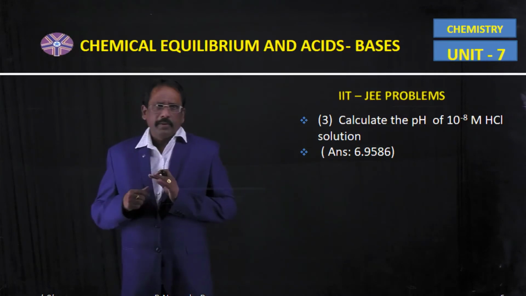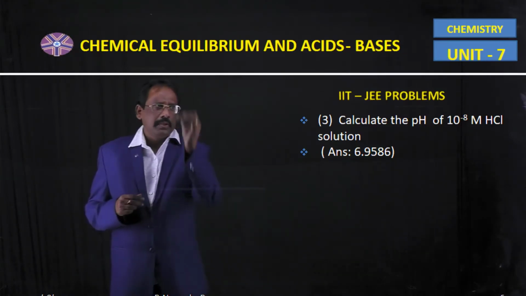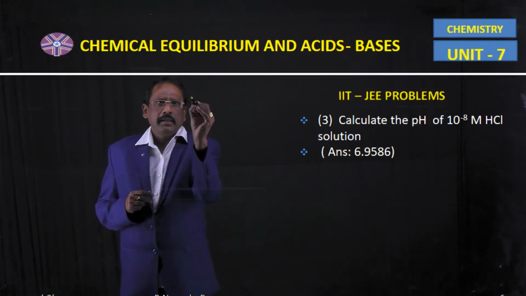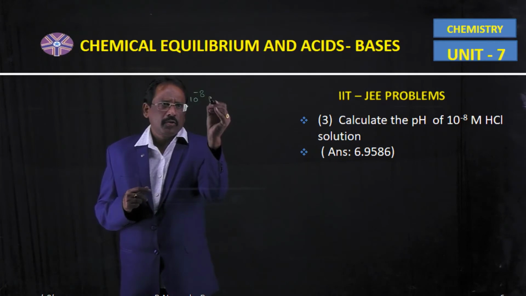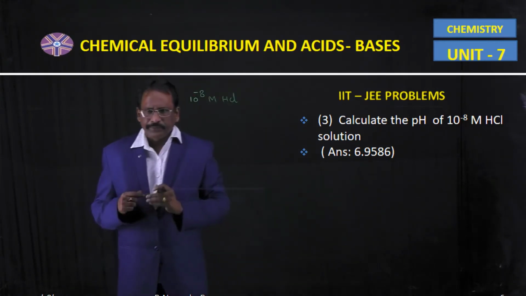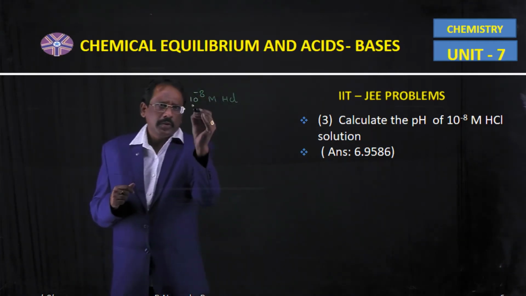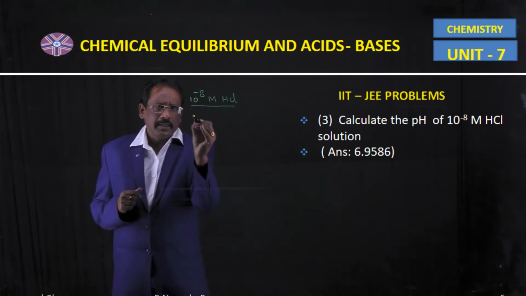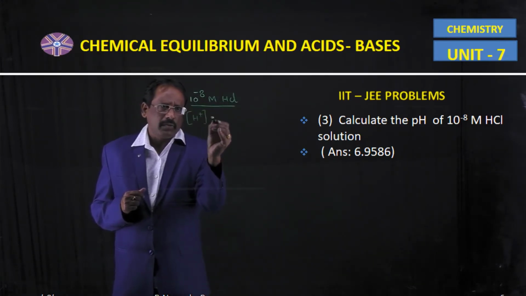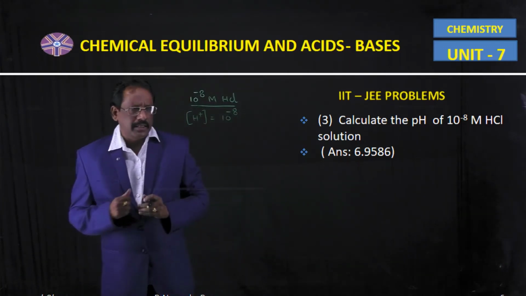The next problem is calculate the pH of 10 power minus 8 molar HCl solution. So for this acid, H plus ion active mass is equal to 10 power minus 8.